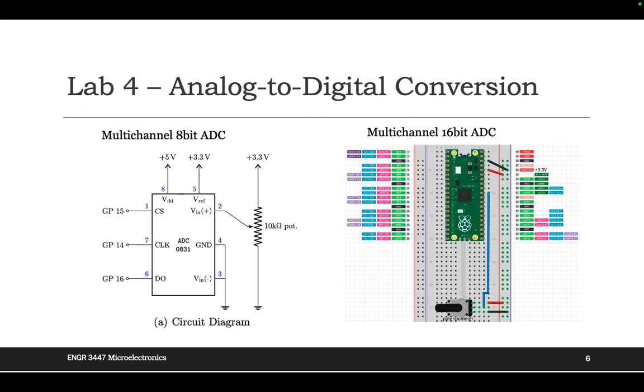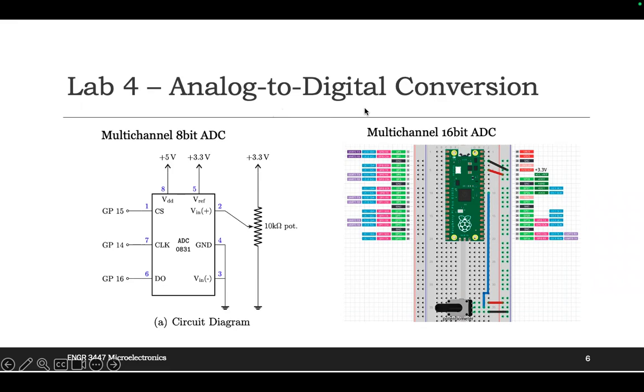But the outside environment, the voltage, the sensor, any other things, will give us a continuous voltage. So we need to deal with this continuous voltage. That's the reason why we need an analog to digital converter. That makes sense to you?